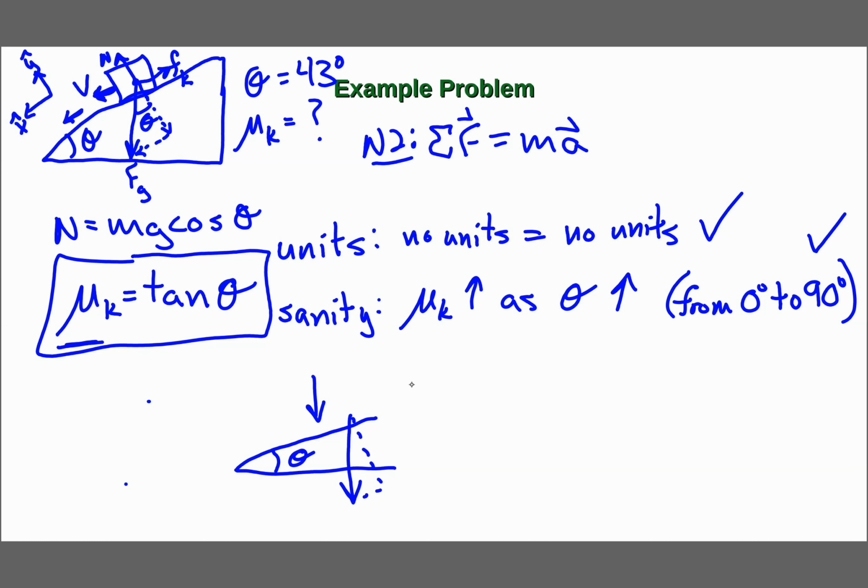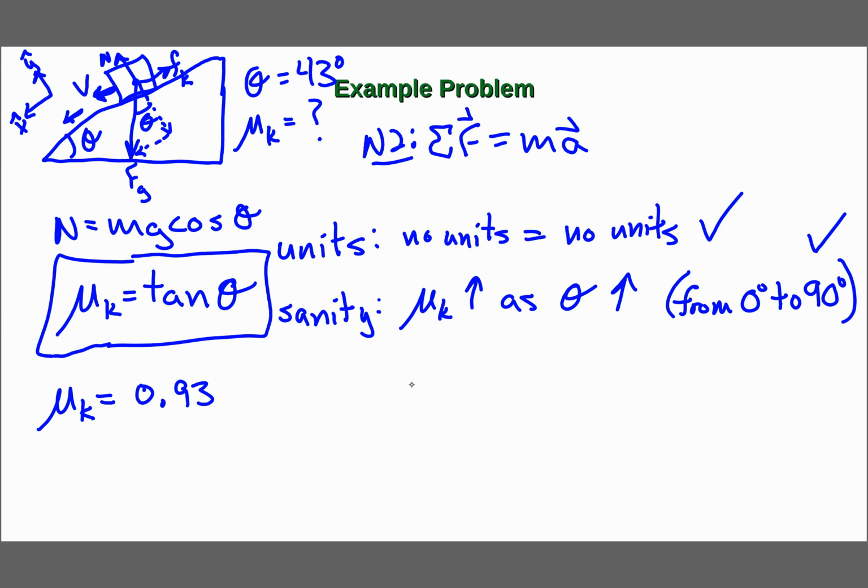Obviously, there's nothing else to sanity check here because, as it turns out, the reason that the problem only gives the angle here is because if a block is sliding down a ramp with constant velocity, all we need to know is the angle of the ramp to figure out the coefficient of kinetic friction between the two objects. Okay? And this one, tangent of 43 degrees is equal to 0.93. So this coefficient of friction must be 0.93.